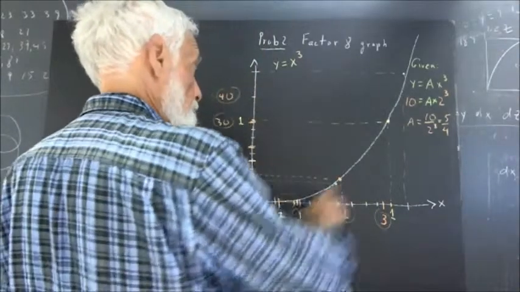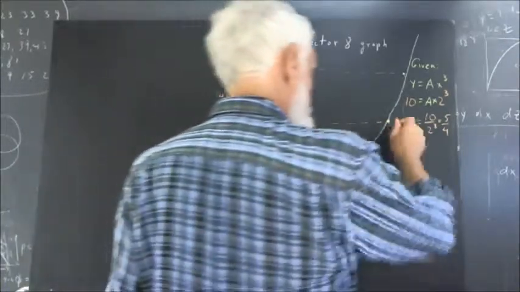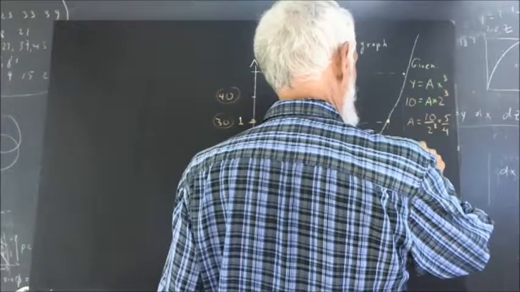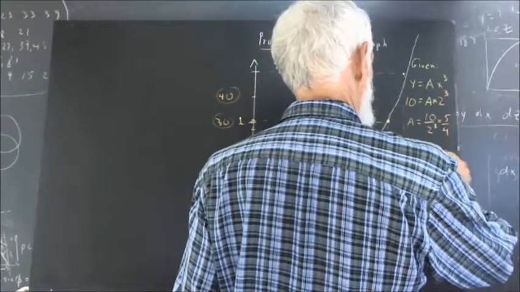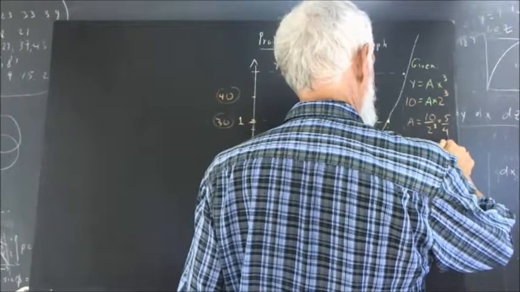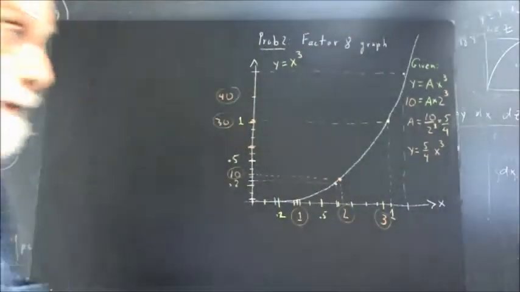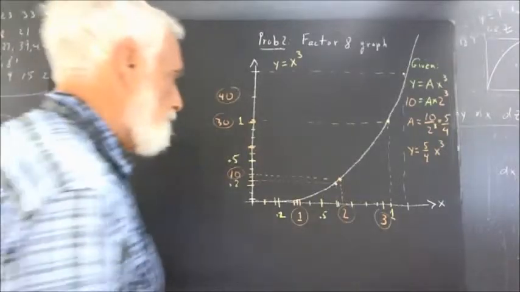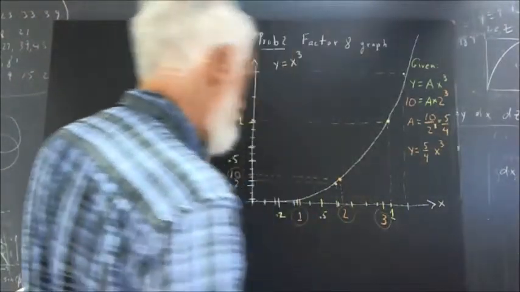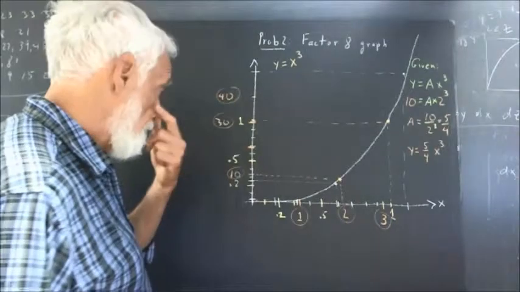So now our model for the orange labeling is y equals 5/4 x cubed.